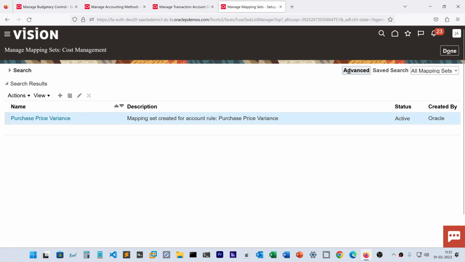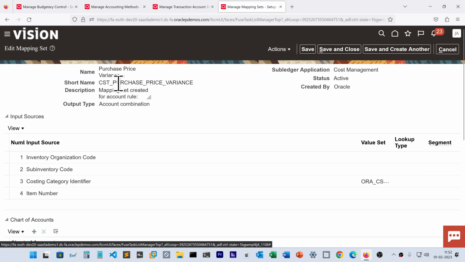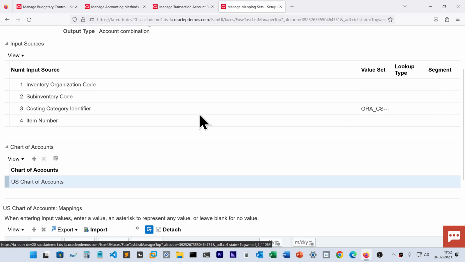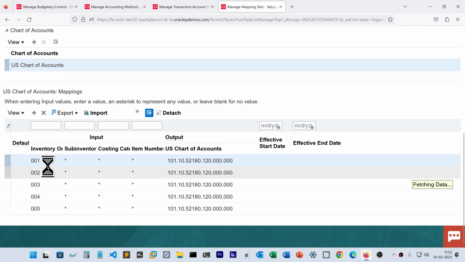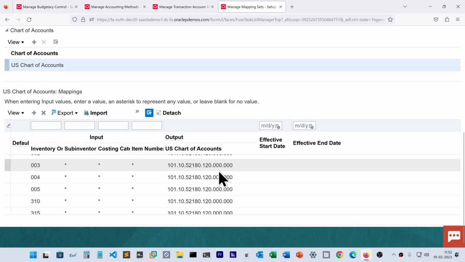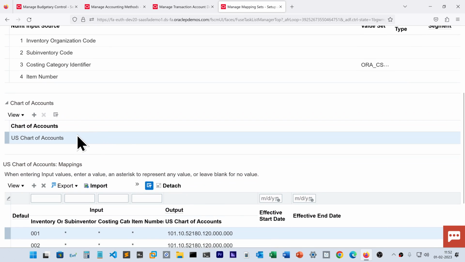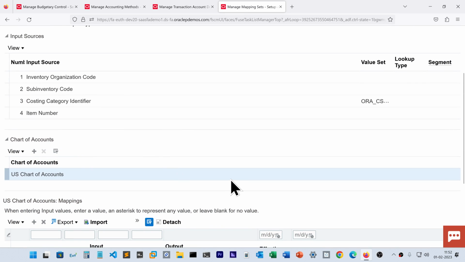Select it and edit. Now you can see this purchase price variance account can be defined here after you specify a chart of accounts. For different organizations, you can specify different accounts, and there are multiple input sources provided here.